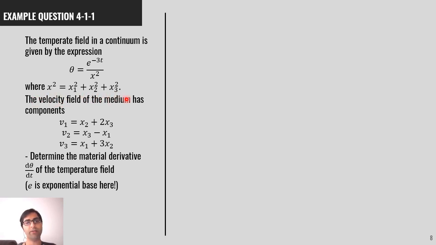The velocity field of the medium is given as v1 equal to x2 plus 2x3, v2 equal to x3 minus x1, and v3 equal to x1 plus 3x2. It asks for the material derivative of theta, d theta over dt.